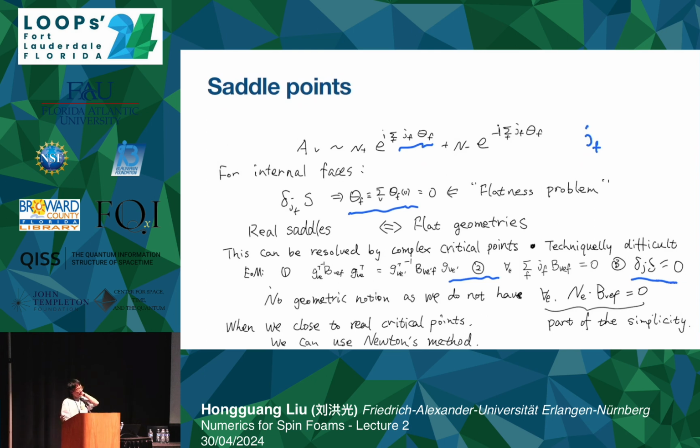But luckily, when we have a complex critical point which is really close to the real critical point, we can use Newton's method. We start from the real critical point and use Newton's method to find the complex critical point numerically. So this can be done. And maybe I'll tell you a little bit more in the third lecture when we use the example. But here is basically the idea.